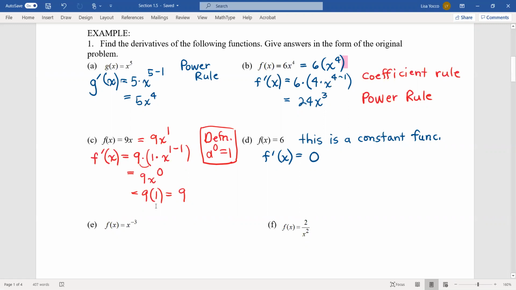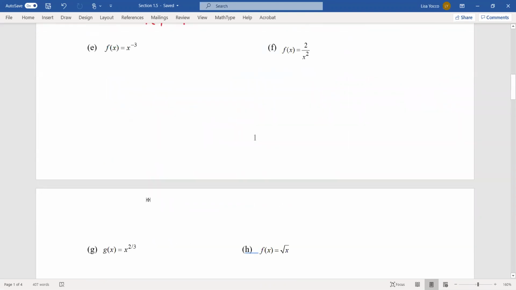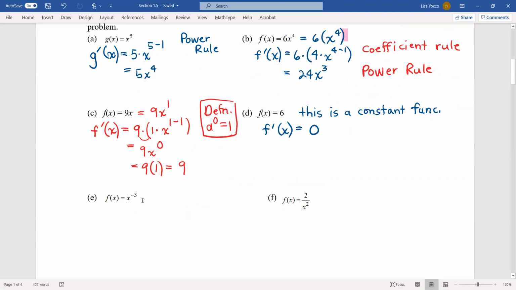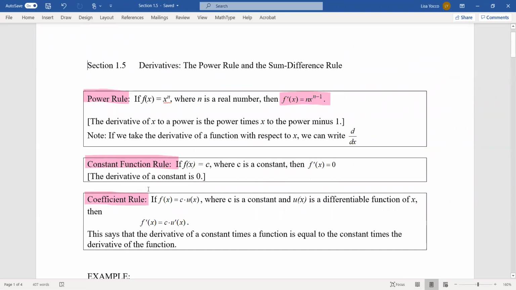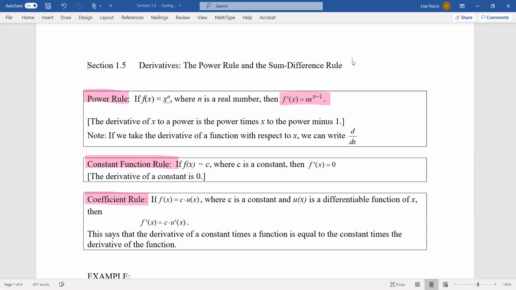Okay, let's do part E. If you have a question, let me know. For part E, all right, let me just back up for a minute. Here's the thing you have to be cautious about with using the power rule.